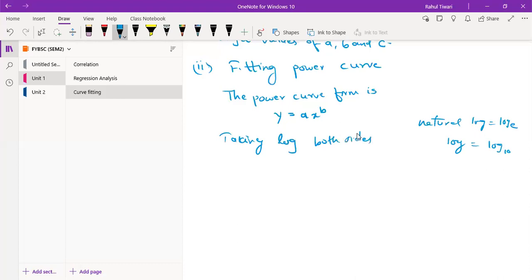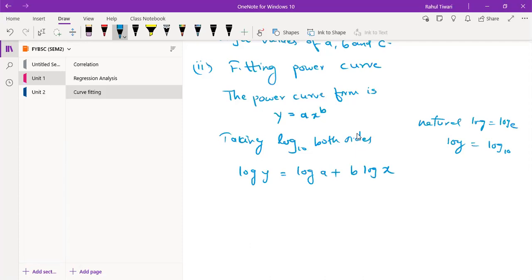So what will we get if we take log on both sides? It will be log of y is equal to what? We know when it is multiplication, we take log of a plus b times log of x. Right or wrong? Can I write log x raised to b is nothing but b times log of x, right? Yes.